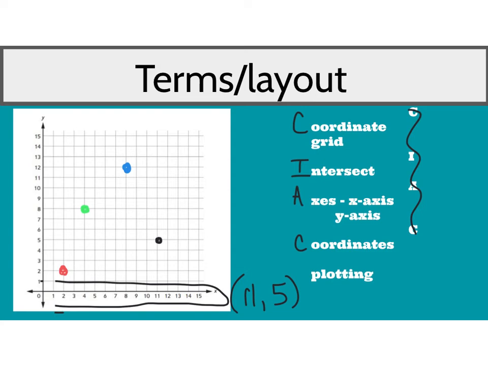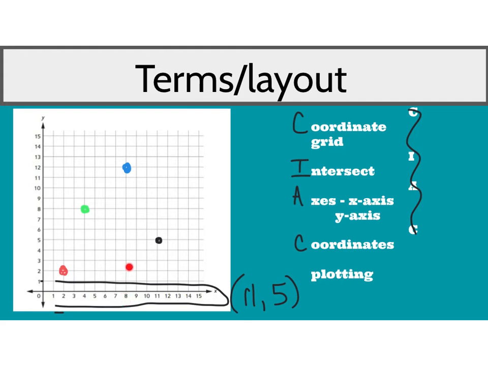So let's practice some coordinates. I showed you the first coordinate, which I colored in with the black. So now we're going to look at the blue. So what would we say the ordered pair for this blue dot would be? Well, we're first going to go over and find where that blue dot is, which is 8.